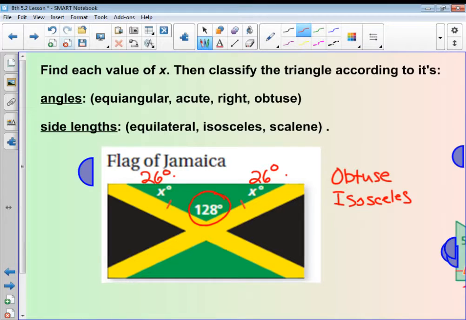Okay, the key thing on this is that you're just understanding how to go through and identify what a triangle's name is according to those things. The angle measures are probably the easiest just because you guys have worked with acute and obtuse angles before. And equiangular just means all angles are equal. Equilateral, once again, is probably easy according to sides because it has part of the word equal in it.